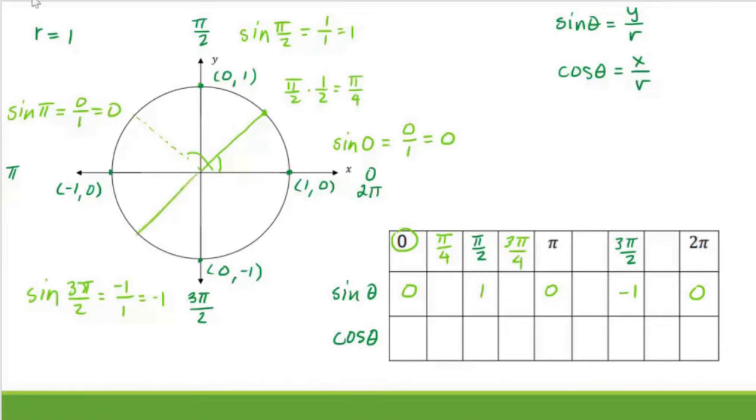Add another pi over 4 radians, and we're at 5 pi over 4. 6 pi over 4 is really 3 pi over 2. And finally, in quadrant 4, once we've added another pi over 4, we get to 7 pi over 4.